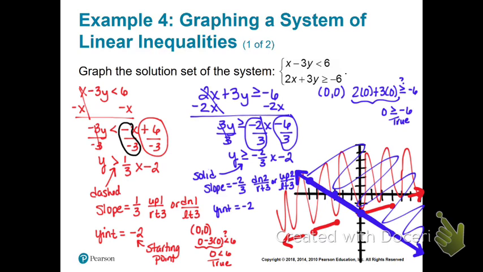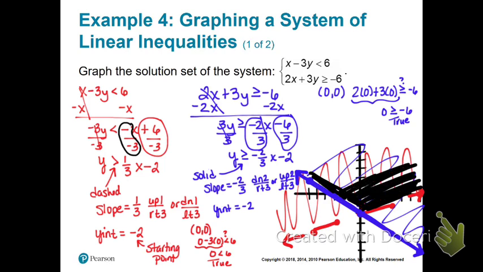Now the solution for this system is what section is shaded by both of those. So if you look at it, you can see it's that little V kind of at the top. And so we want to darken that area then. So if you look, you can tell it's right in this area, it's shaded by both.